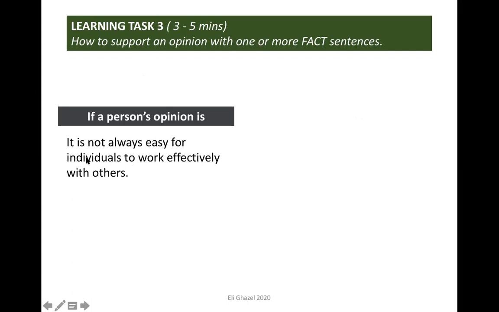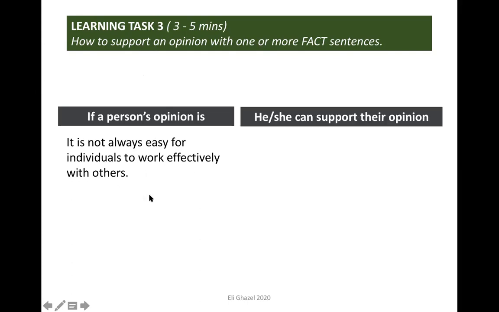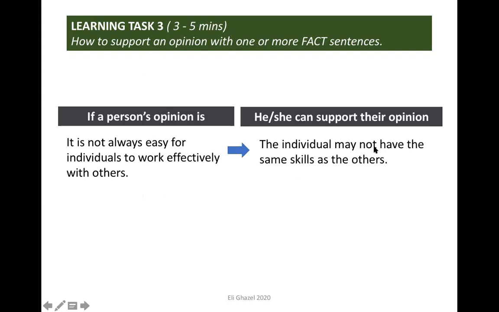So if a person's opinion is, what did the person say? It's not always easy for individuals to work effectively with others. Good. Now, he or she can support their opinion by saying, the individual may not have the same skills as others, which is true. We cannot all have exactly the same skills.